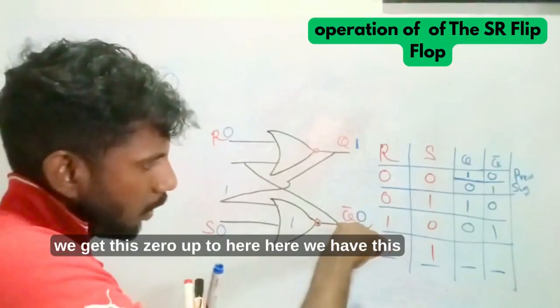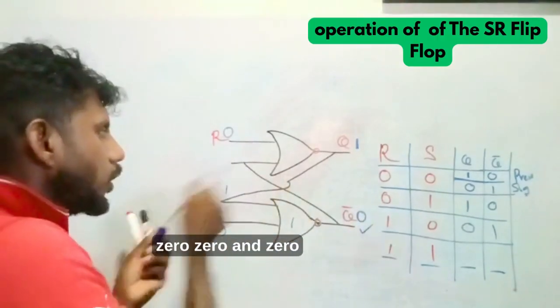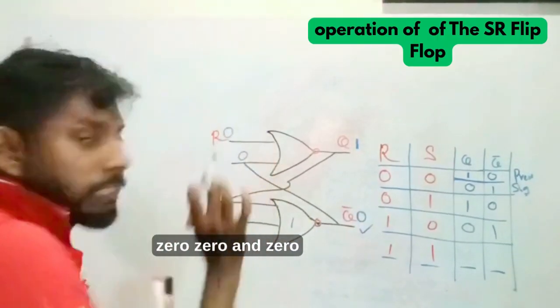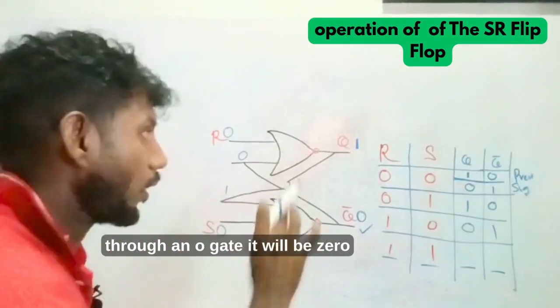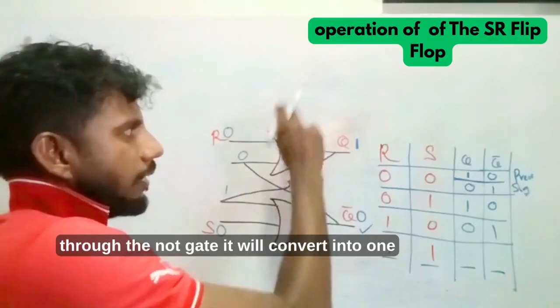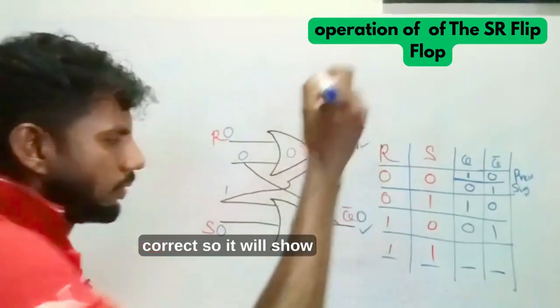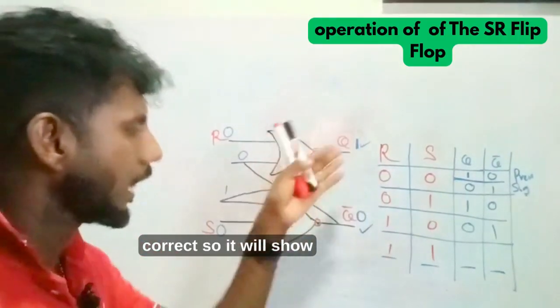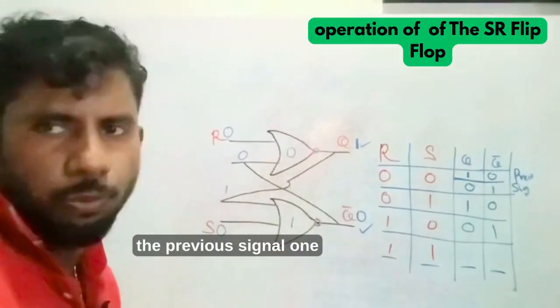Now we get this 0 up to here. 0 and 0 through an OR gate will be 0, but through the NOT gate it will convert into 1, correct? So it will show the previous signal 1, 0.